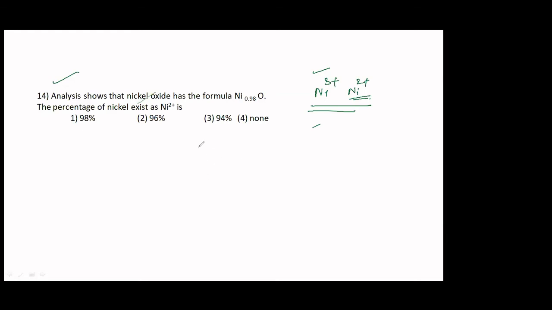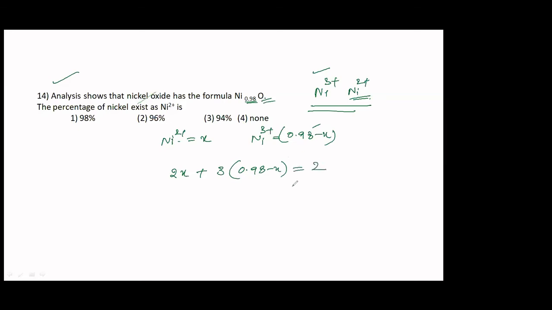Now, same procedure. Let the number of Ni2+ be x. Ni3+ should be equal to 0.98 minus x. Now you balance the charge. Ni2+: the charge is 2 into x, plus Ni3+: 3 is the charge, 3 into (0.98 minus x), should be equal to the charge on the oxygen, which is 2.